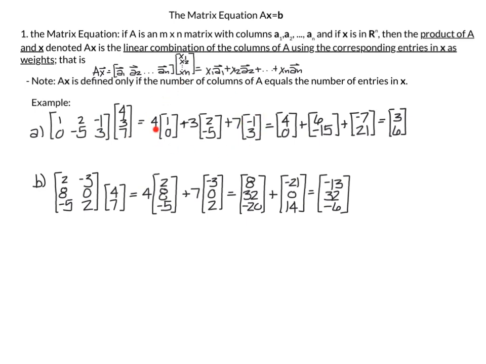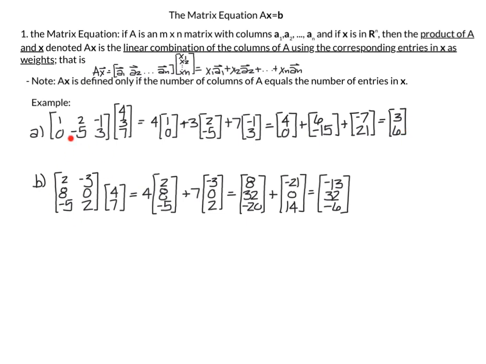So here's our linear combination, our vector equation, and then we can just multiply out, doing our scalar times our vector to get 4, 0, 6, minus 15, and minus 7 and 21, and then we do our vector addition to get 4 plus 6 minus 7 is 3, 0 minus 15 plus 21 is 6.